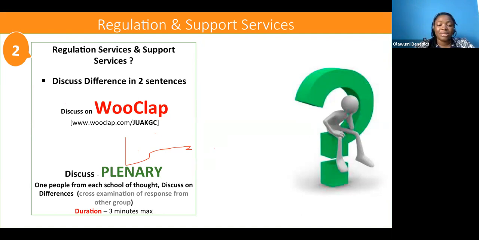So I'm going to copy this link into our chat, and once you click on that link, it will take you automatically to Woodclap. So please permit me to do that.